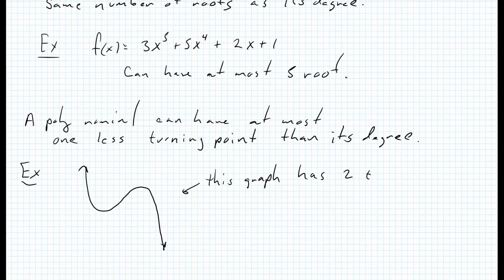In other words, it starts coming down. Let's see, if I were traveling along this graph, I'd travel, and then suddenly I'd be going from down to up, and I'd be going up, and then I'd be going down again. So it's 2 turning points. It goes from going down to going up, and going up to going down. So this has 2 turning points.